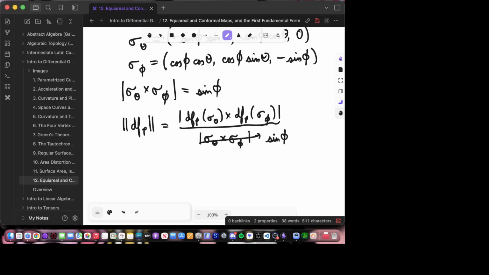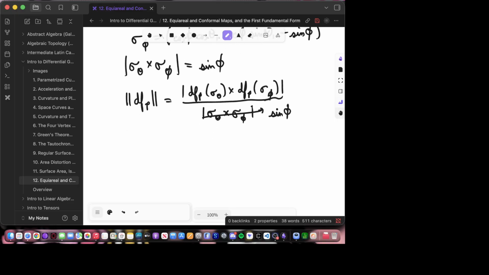So all we need to do is show that the numerator is also equal to sine phi, and then we're done. So here's what we do.